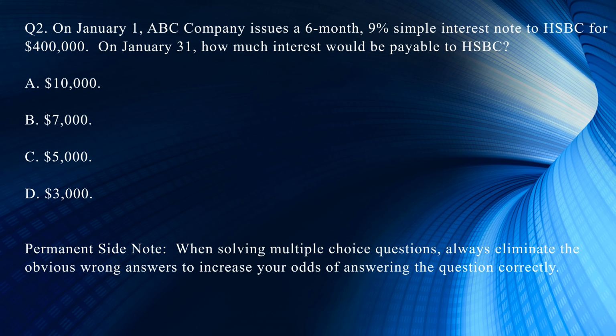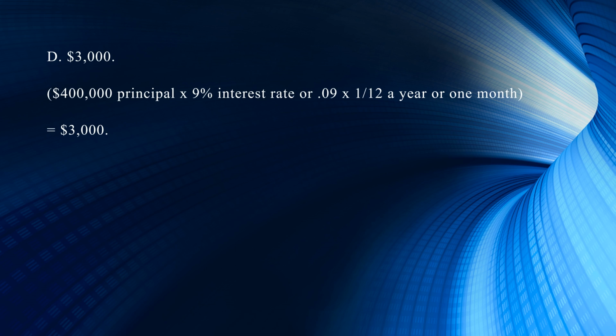So we have to calculate the interest. And how do we calculate the interest? We always take the principal, we multiply it by the annual interest rate, and then we multiply it by the time that we had that money. So if we plug in the numbers from the question, we have $400,000 of principal, a 9% interest rate, or expressed as 0.09, multiplied by 1/12 of a year or 1 month.